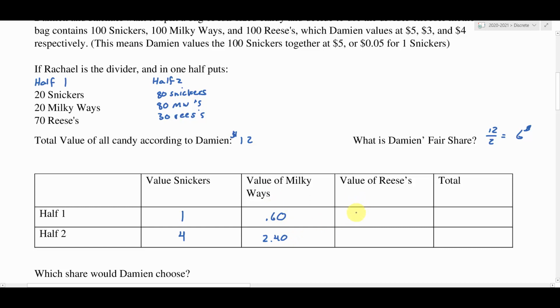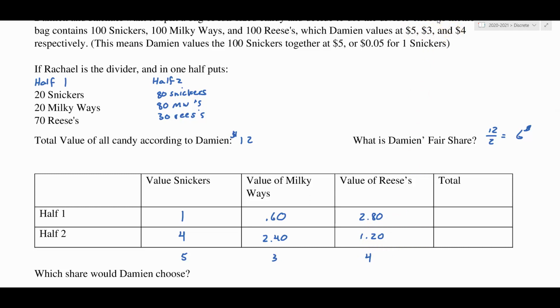And we do the same thing with the Reese's. We take 70 Reese's times 0.04, and you would get $2.80 in half one. And since the total value is $4 worth of Reese's, that means we would have $1.20 left over for half two. That way, if I added these up, we would get our 5, our 3, and our 4 that we saw from Damien's value system.